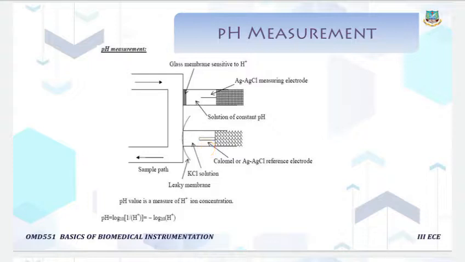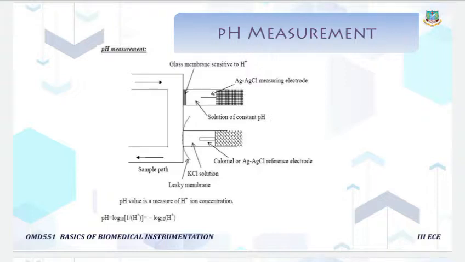It is closed by a leaky membrane. This leaky membrane is mainly used to permit current flow from the reference electrode through the sample in the sample chamber to the measuring electrode.